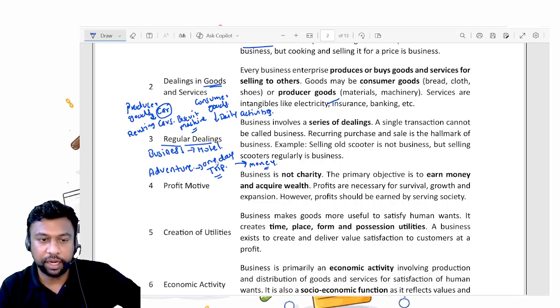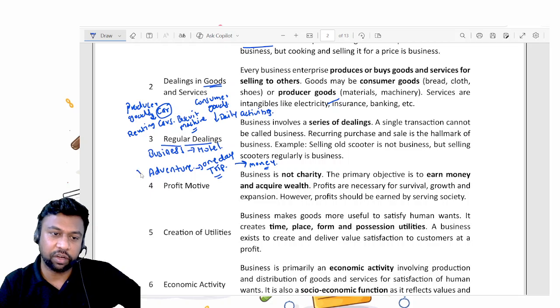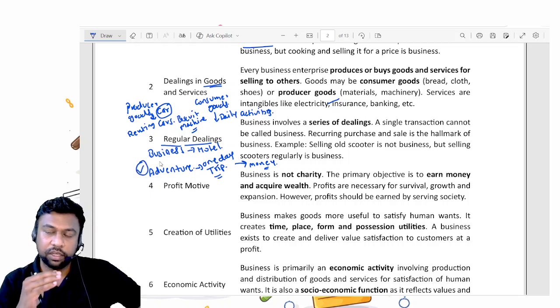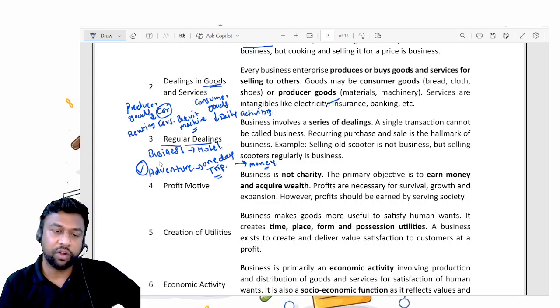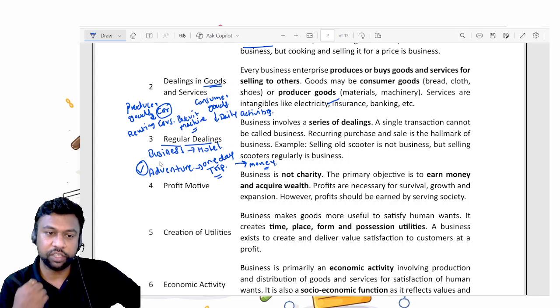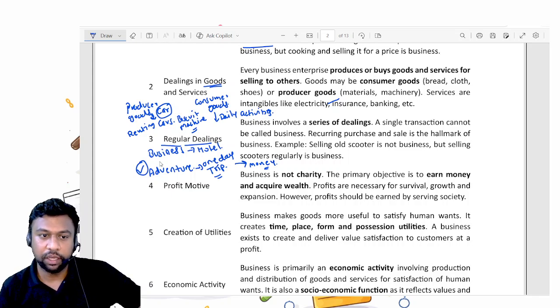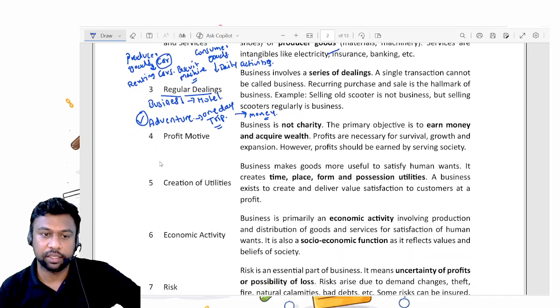So that is called an adventure, not a business. Though the sale of service is there, though money in consideration is involved, we cannot call it a business because it is not a regular activity. So we will call it an adventure. Adventure is a one time or irregular activity.